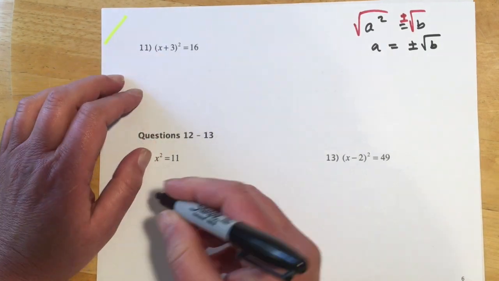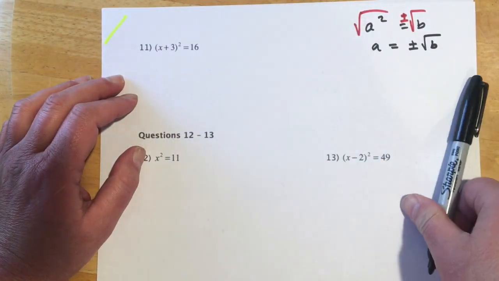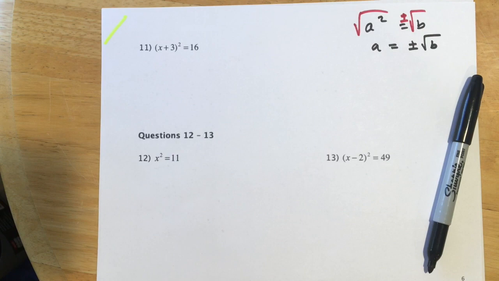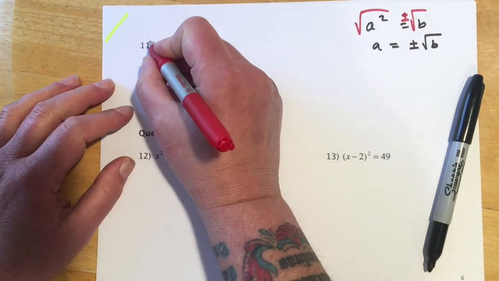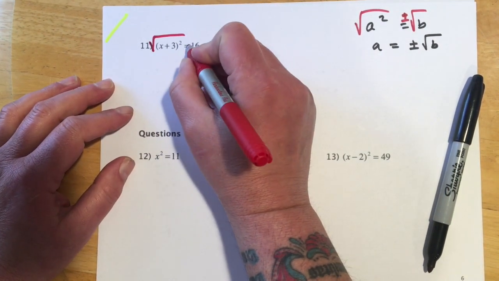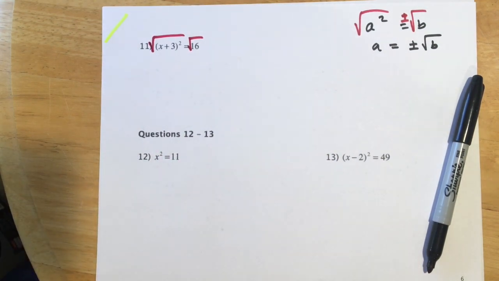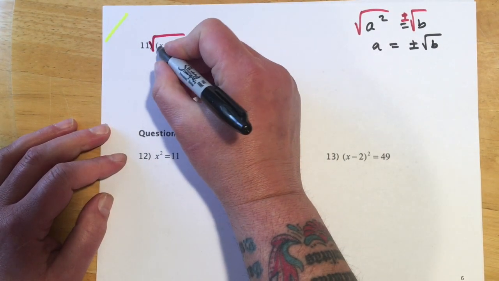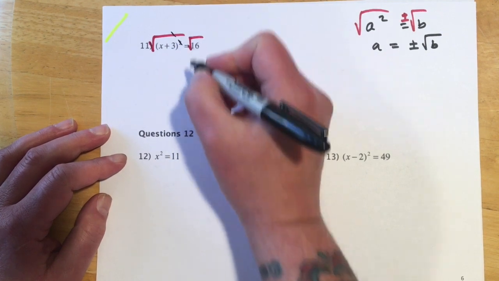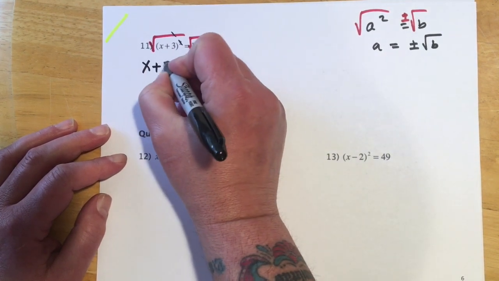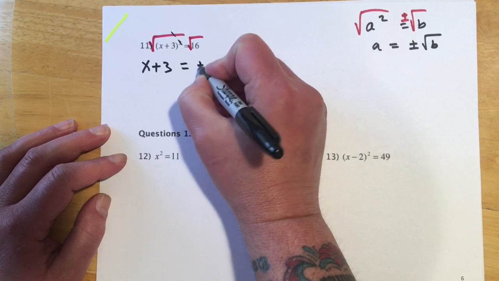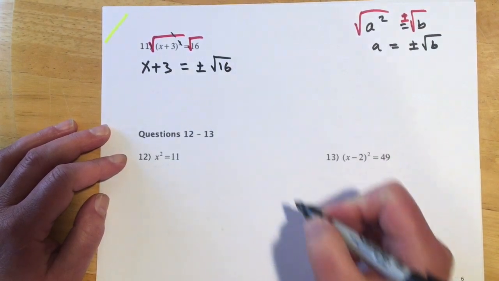So instead of FOILing all this out, what I can do instead is just take the root of both sides, since I have a squared that I want to undo, and roots undo squares. So I root both sides. And then square root of x plus 3 squared, these knock each other out, and I just have the x plus 3 equals plus or minus root 16.